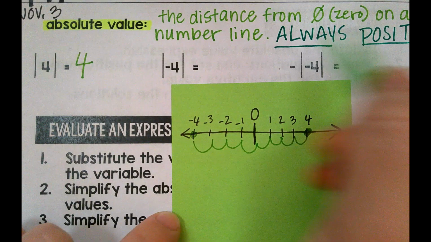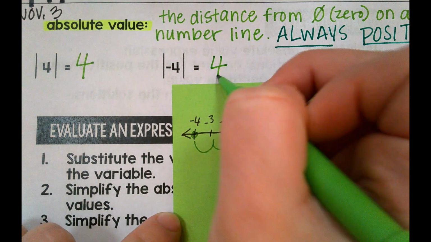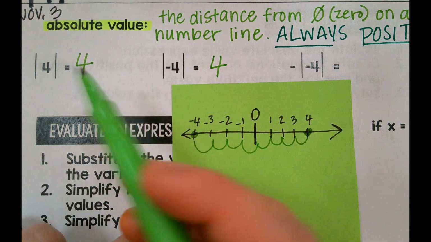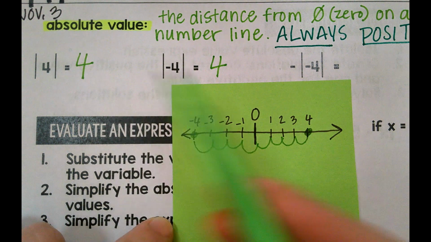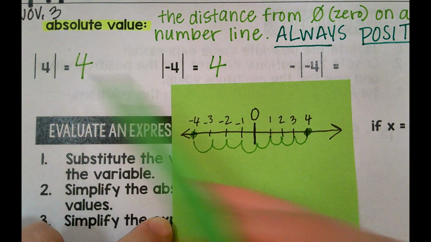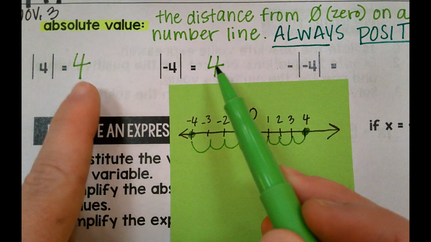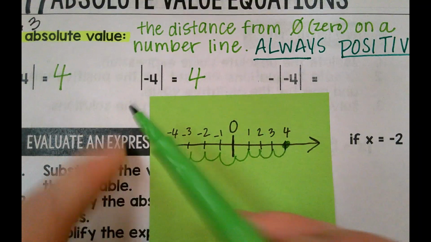Positive. Absolute value is always positive. I think I kind of remember this. So it doesn't matter whether the number inside the bars is negative or positive. The answer is positive. Absolute value is always positive.